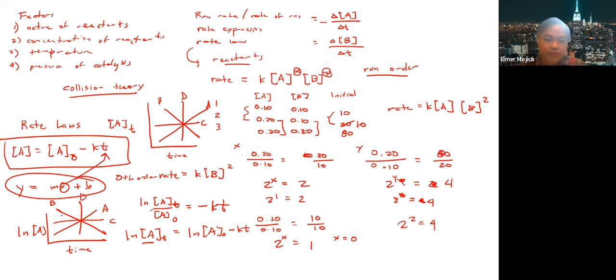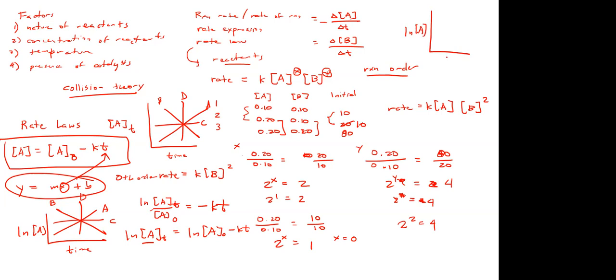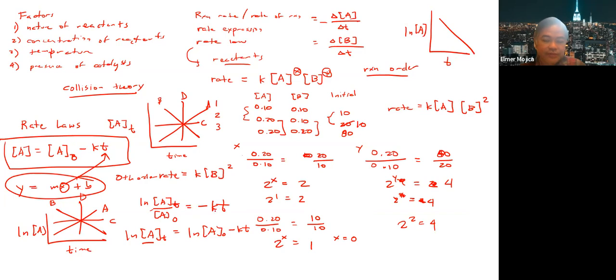It is also B. Your plot would be like this. B still, because you have a negative k. K represents your slope. Okay.